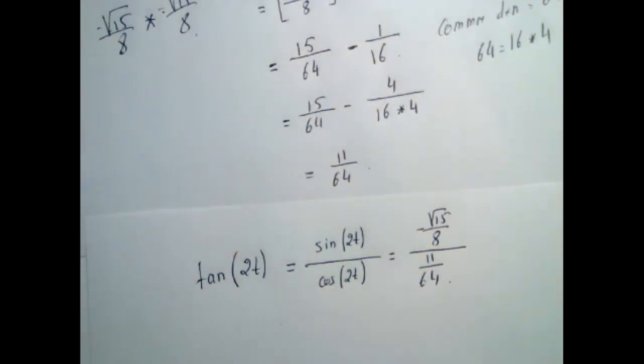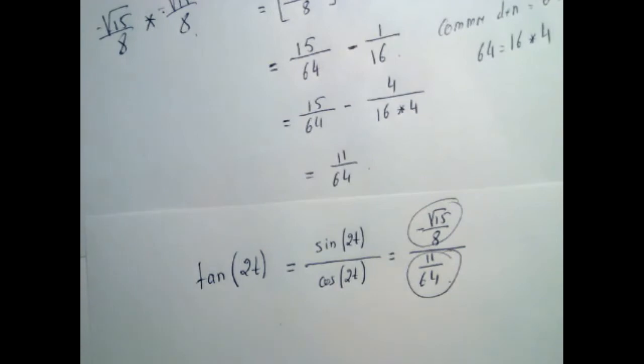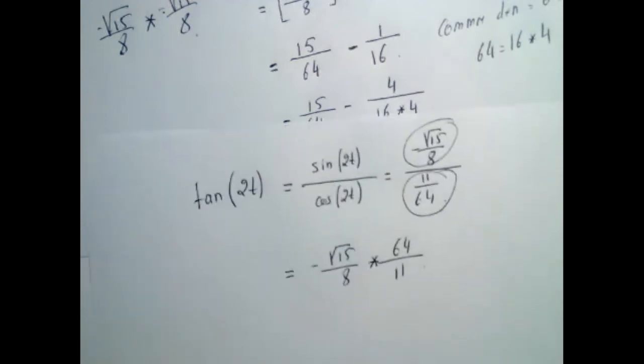Another question is simplify. And in those problems, I will ask you for the exact value. It means I don't want decimals, I really want a fraction. So now I have one fraction divided by another. Let's do the math. It's the numerator divided by 8 times 64 divided by 11.